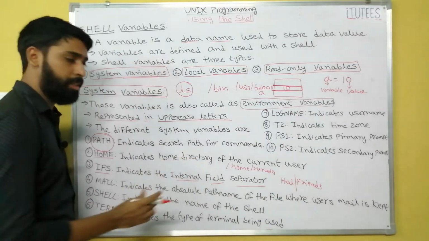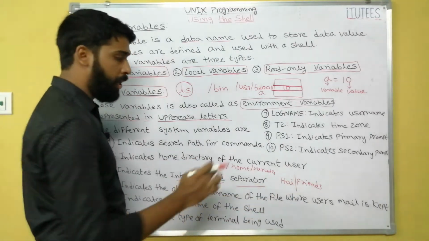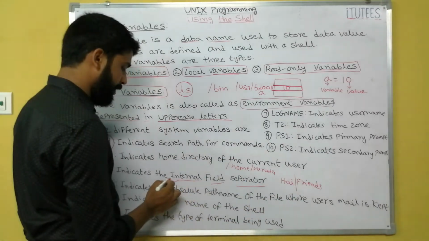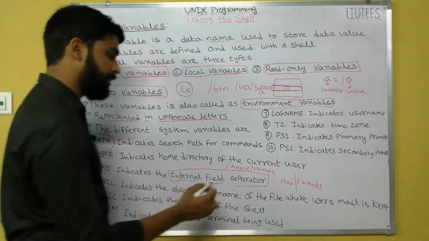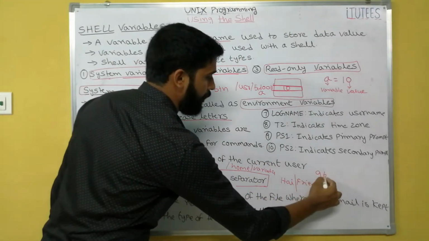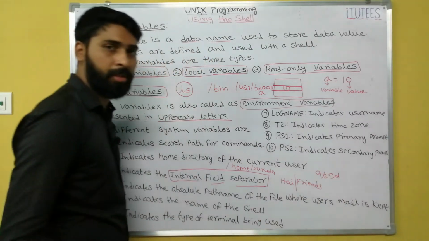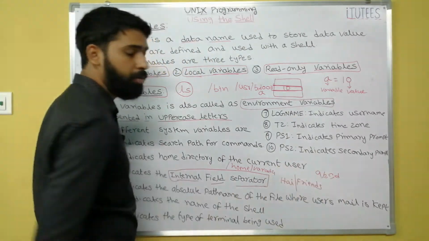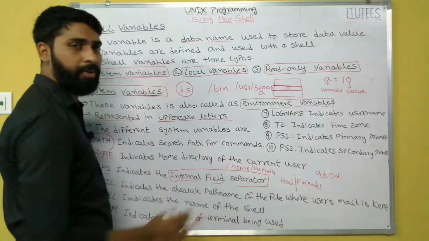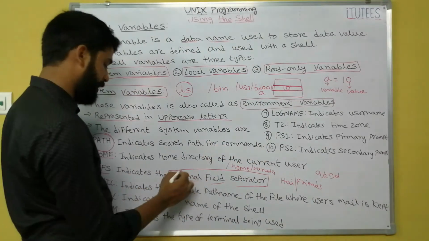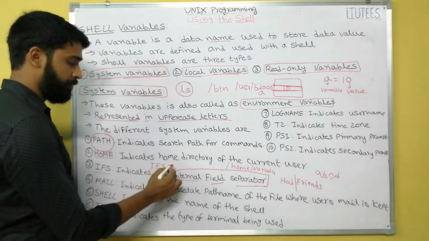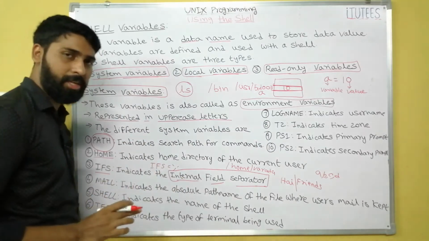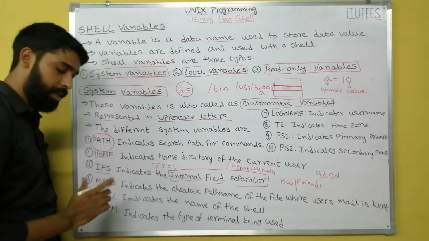So space, tab and new line are indicated with the internal field separator. For example, I give A,B,C,D. If a comma is encountered, I treat these as different words. Then I can assign IFS equal to comma. We will see IFS in detail in our next classes.